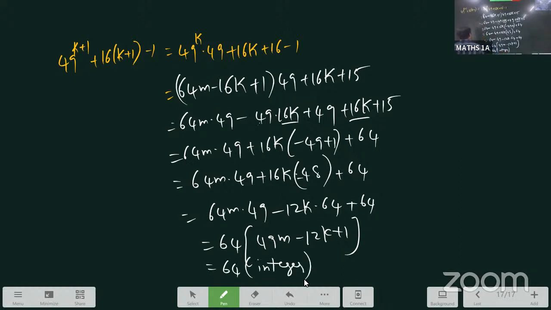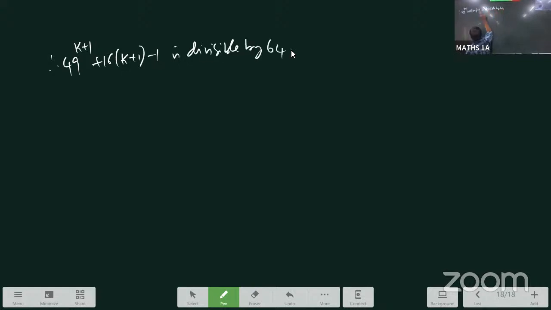Right? Therefore, 49 to the power k plus 1 plus 16 into k plus 1 minus 1 is divisible by 64.